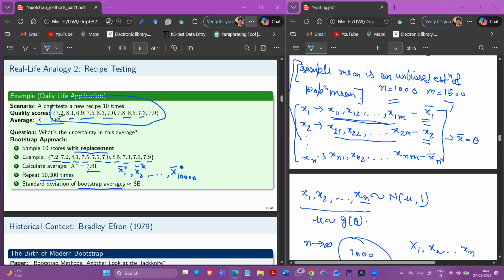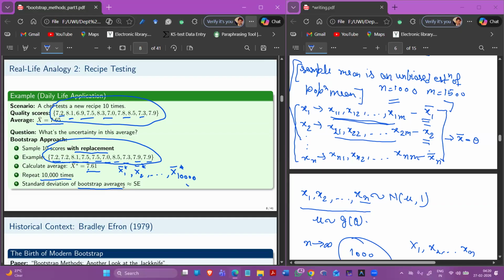So when I repeat sampling from this sample 10,000 times, this is my mini population. I will generate this type of sample 10,000 times from these observations. Now I will have the 10,000 means, correct?